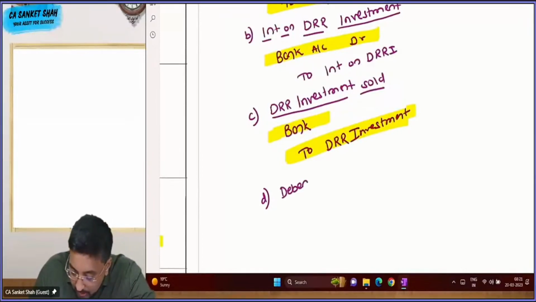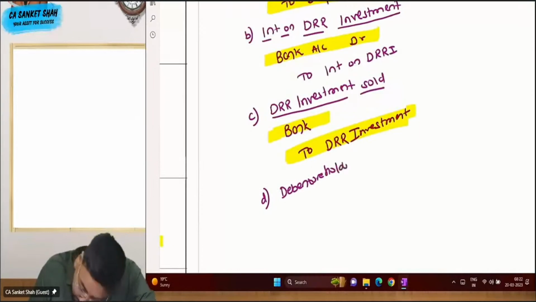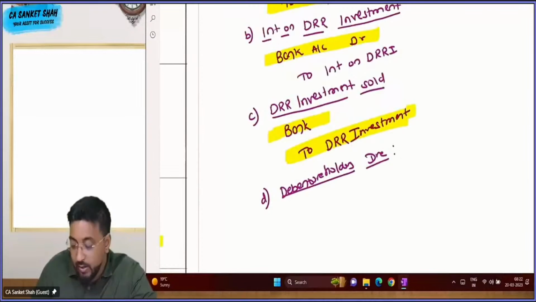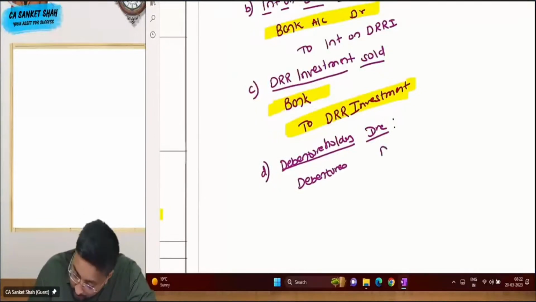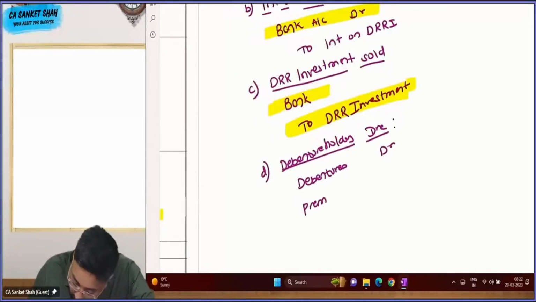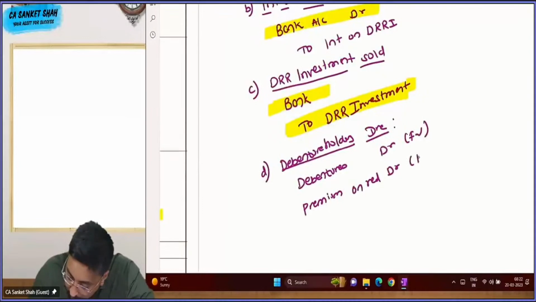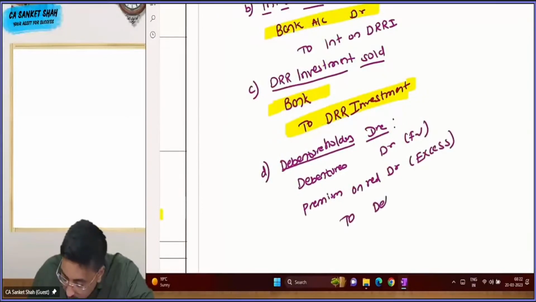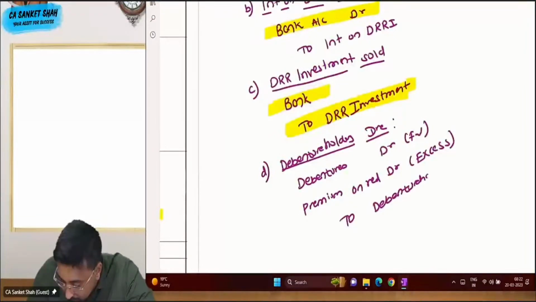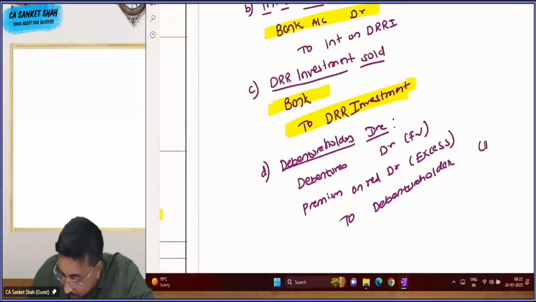Debenture holders due, redemption due. So beta, debentures account debit, premium on redemption account debit. This is the face value. Premium on redemption debit, excess, to debenture holders, the redeemable value.